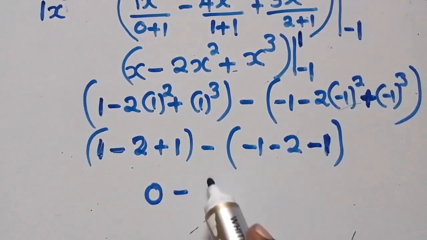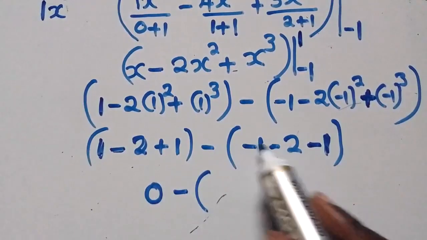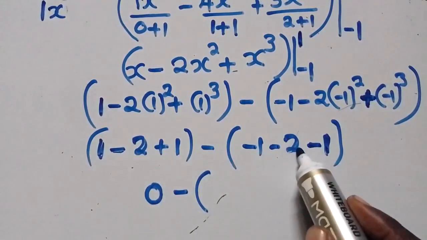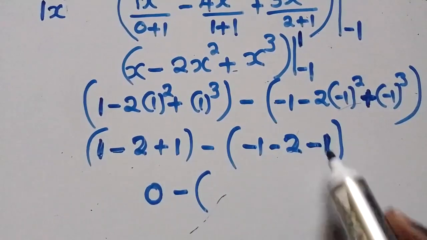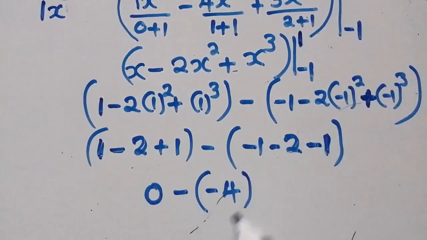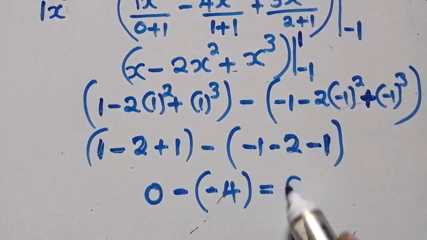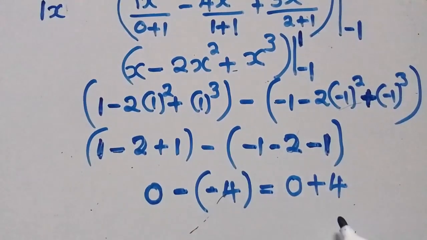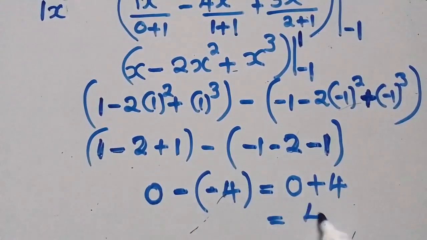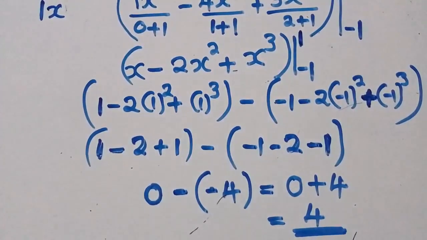Minus, here negative 1 minus 2 is negative 3. Negative 3 minus 1 is negative 4. So you're going to get negative 4. Negative times negative is positive. So that's 0 plus 4. What will be your answer? Your answer will be a 4. This is your answer. That's how you need to answer that one.